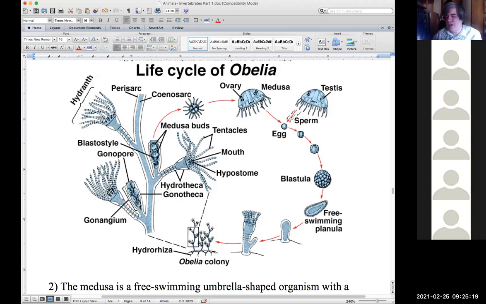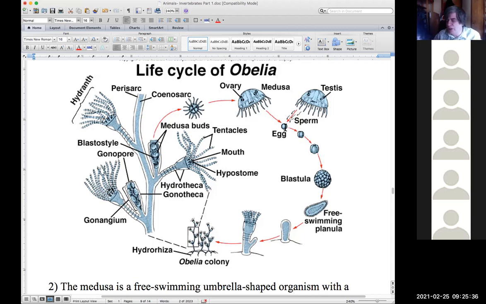Now the jellyfish have ovaries and testes, and although this diagram labels them in different medusa forms, jellyfish have ovaries and testes in the same body, like many animals.